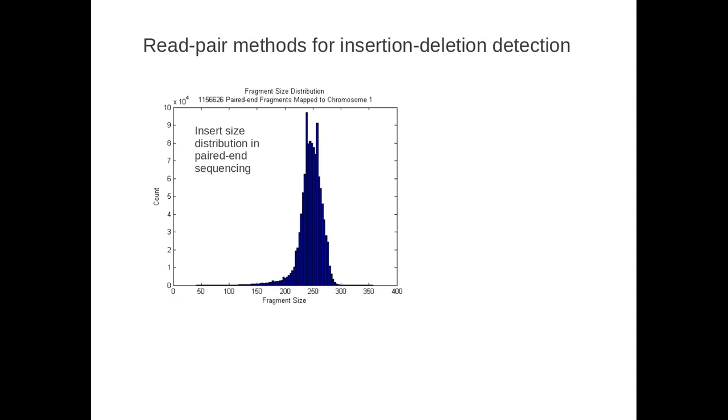So here the concept that I want to get across with insertion deletion detection with read pair methods is the idea that when you construct your sequence library, you have a known distribution of insert sizes. The reason you have this known distribution is when you take your sample of genomic DNA, you size fractionate it using sonication or some other method, and when that's completed, you typically will run an agarose gel.